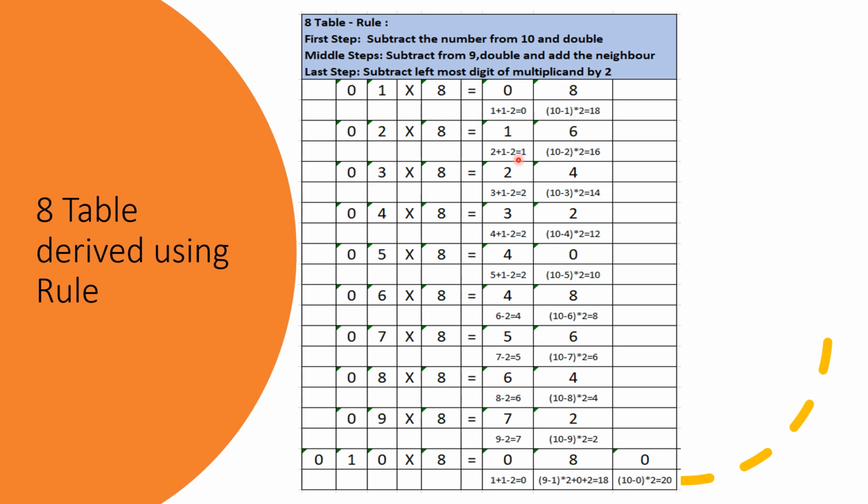In the case of 02, 2 is the leftmost digit, plus 1 is the carry coming from the rightmost digit, and minus 2, so equal to 1. And the next one, you can see 03: 3 is the leftmost digit, 3 plus 1 carry and minus 2 is the rule, so it is 2. Likewise, you can see how the table is derived using these rules.